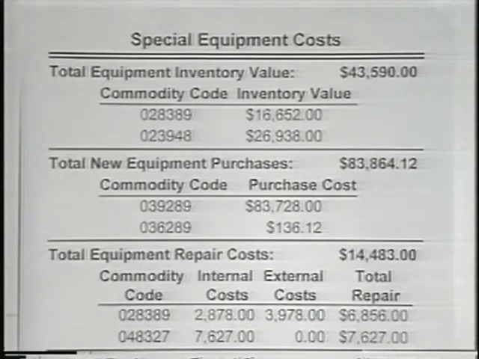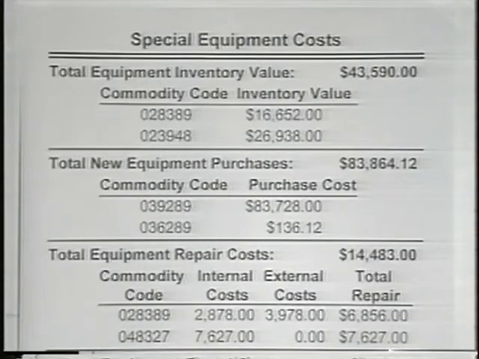Now, that exhibit is also in your notebook under page 8A-4, which ties in with item 4 of the outline. And here we have the total equipment value of $43,590. We have the commodity code, inventory value.